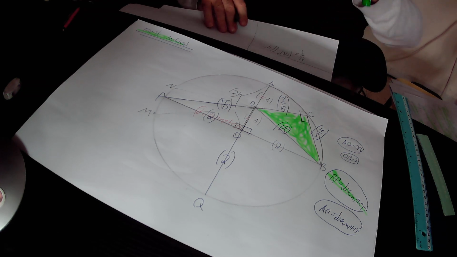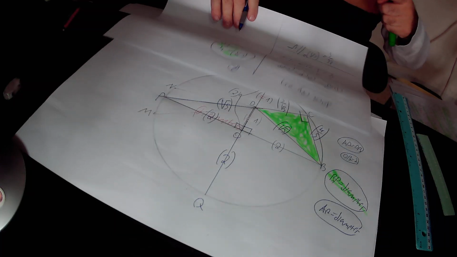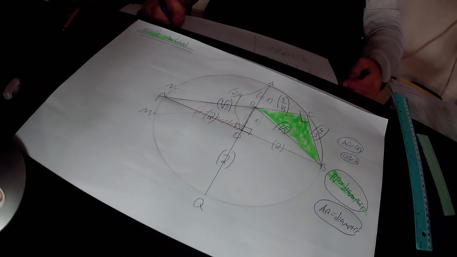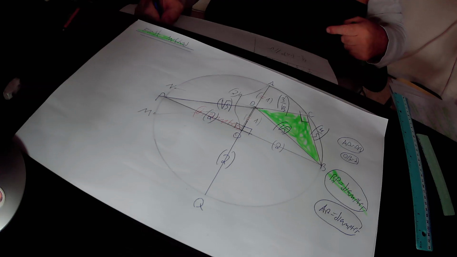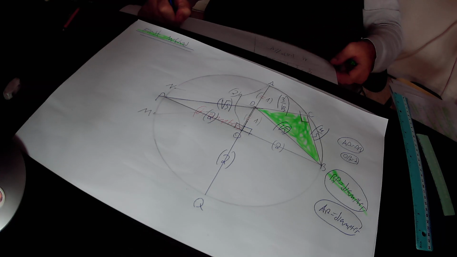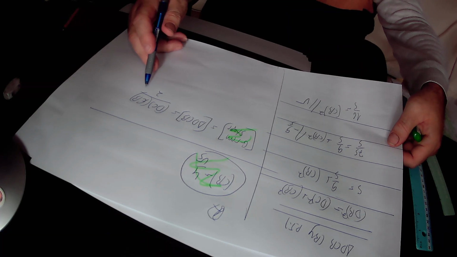Because again, the area of this green shape is actually the area of the green triangle DCB. And the area of this green triangle DCB equals the base DC times the height CB over 2.